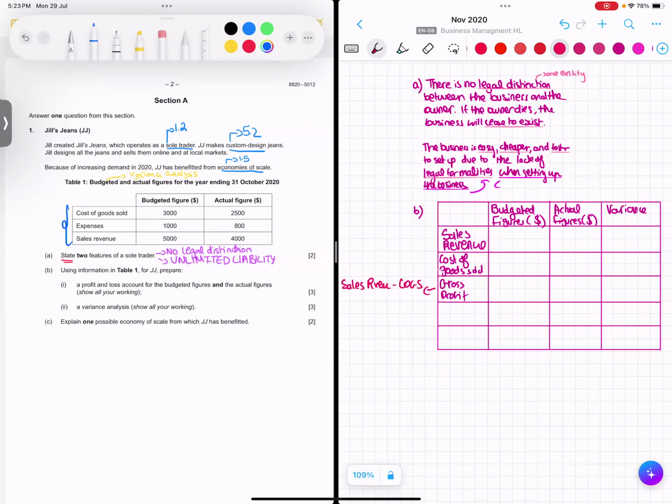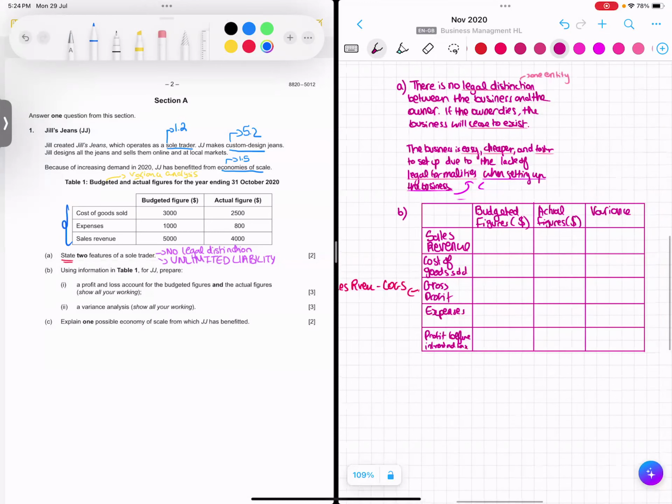Okay, sorry I had to use the acronym, but it's just quite faster. So keep that in mind. And then we have expenses, and then profit before interest and tax. Okay, so this is how you actually have to really draw it, okay?